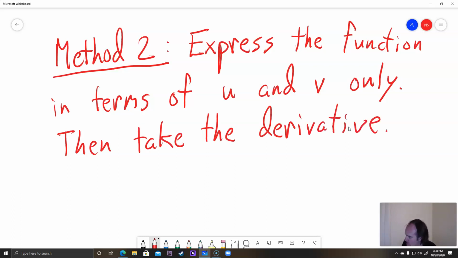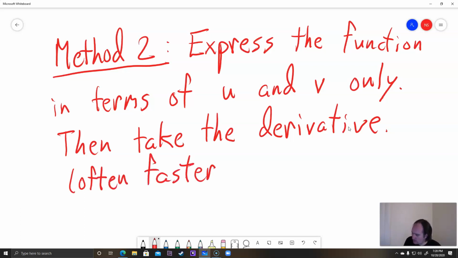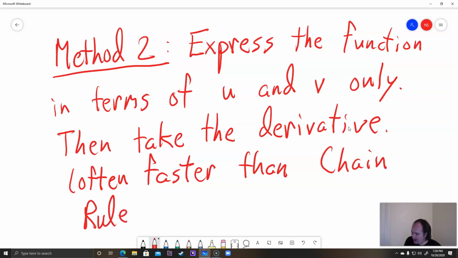And on a lot of problems, this is actually often faster than the chain rule. It's just sometimes the derivatives can get so hard to calculate that you have to use the chain rule.